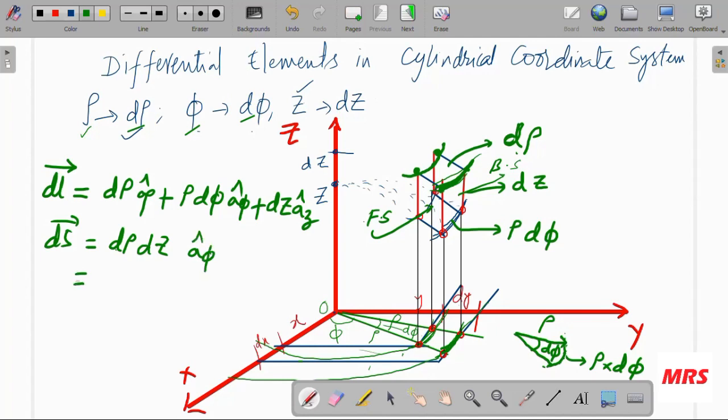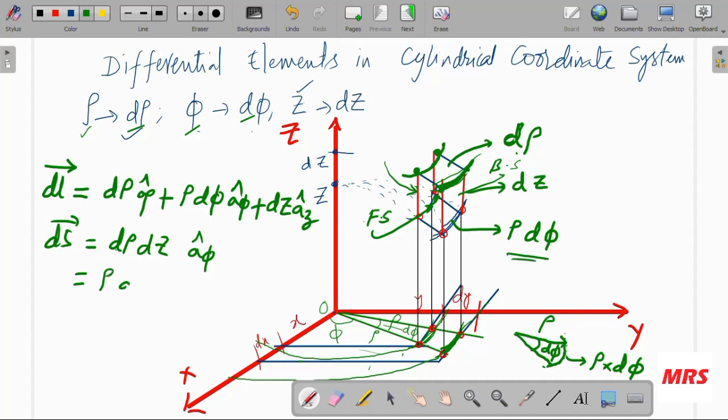And for the differential surface area of the left and right surfaces, there will be two curves for left and right, and the vertical length. So for left and right, these are the two curved surfaces and two vertical surfaces. The vertical length indicates dz. The curved surface differential element is rho d phi.